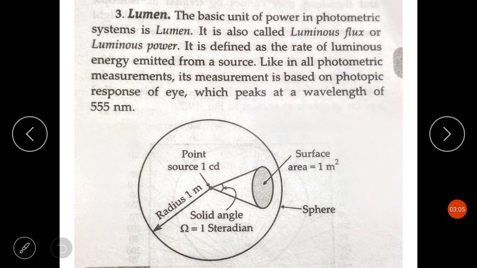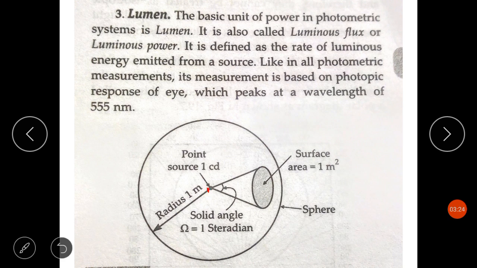Now you might be wondering what a point source is. A point source emits light uniformly in all directions. Any source which emits light uniformly in all directions is called a point source.